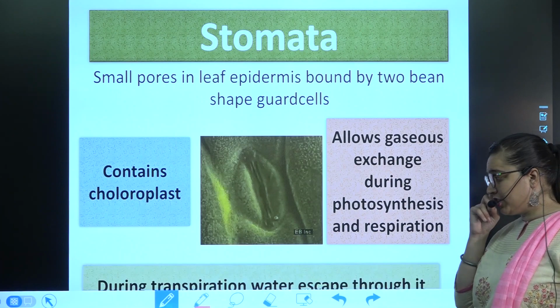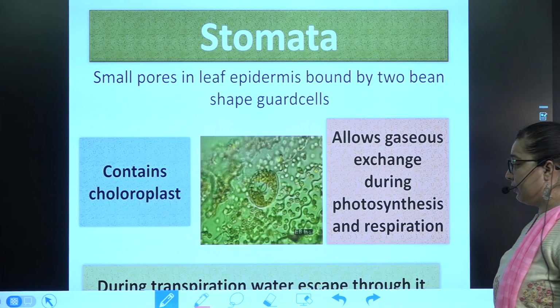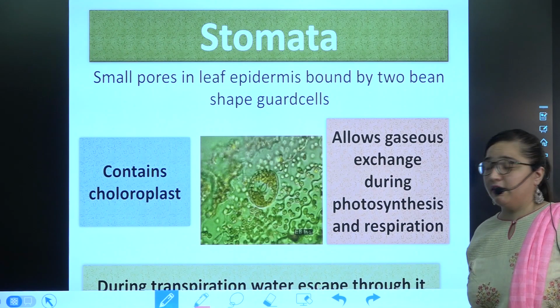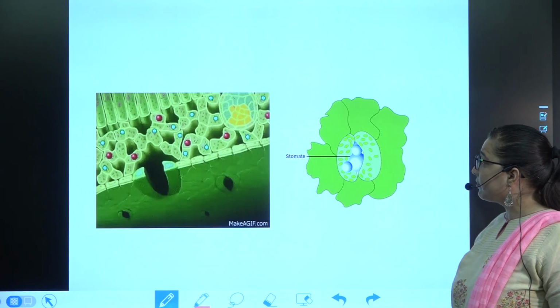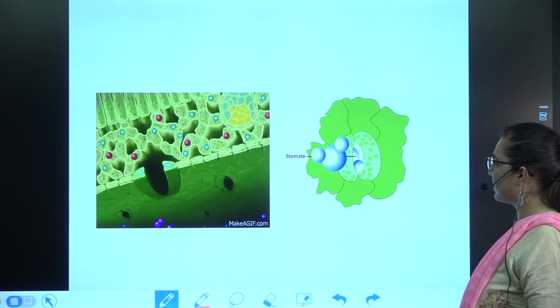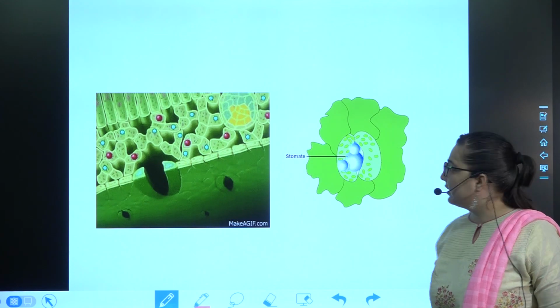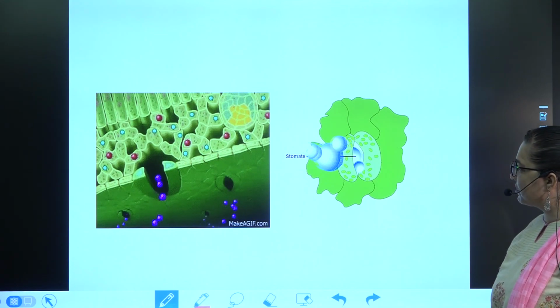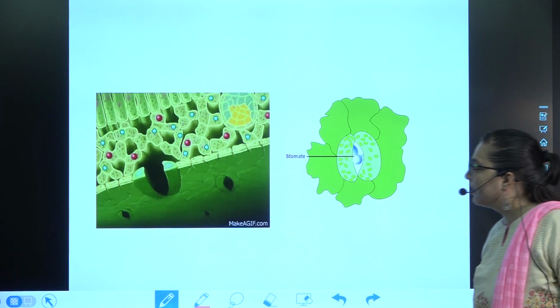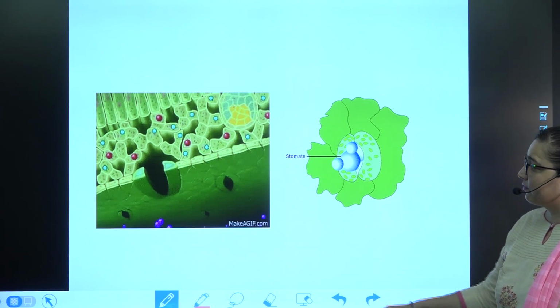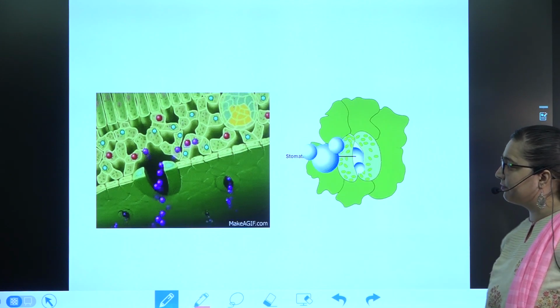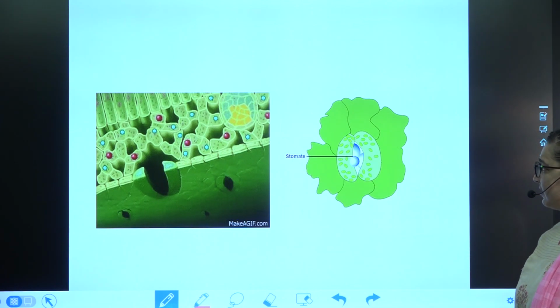Moreover, during transpiration they help in water escape. This is what we saw. Just observe it. The water molecules are coming out here. Here you can see the gases going in.